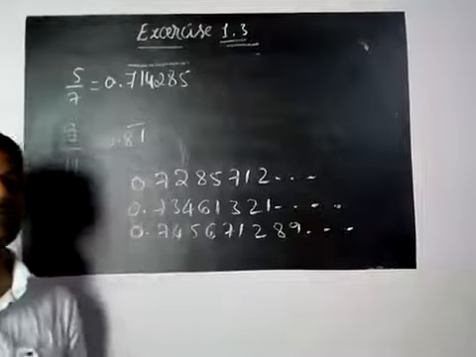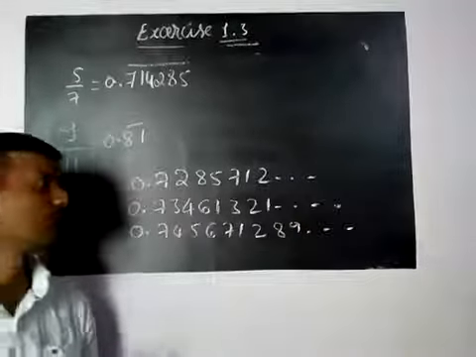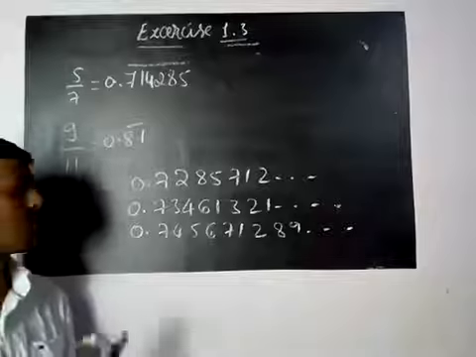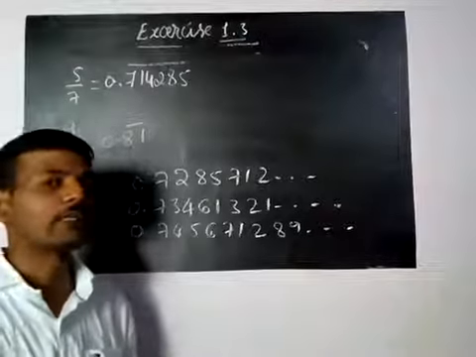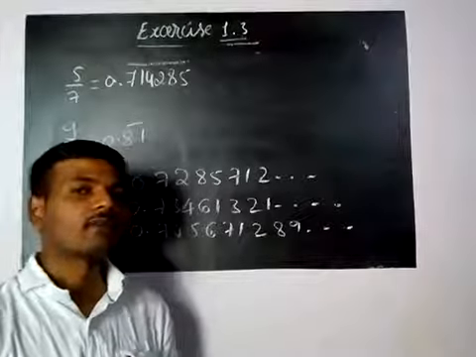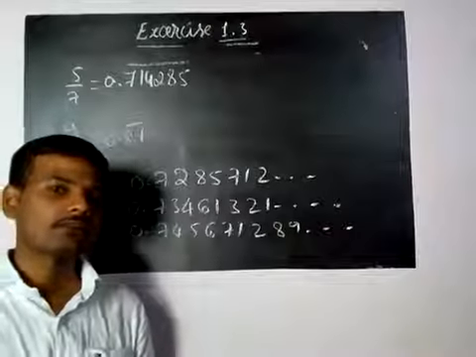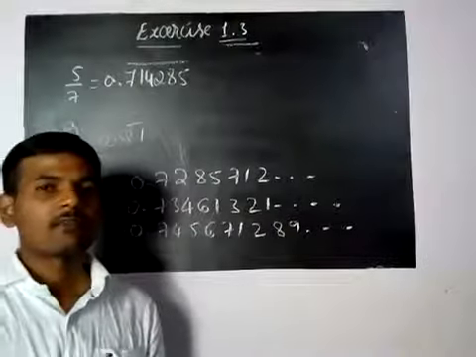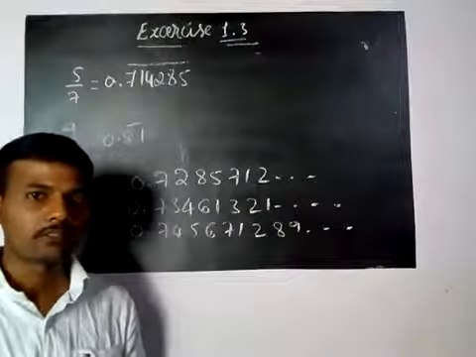These are irrational numbers existing between 5 by 7 and 9 by 11. You may write any numbers, since they have no end for the digits. They will become irrational numbers between any two rational numbers.